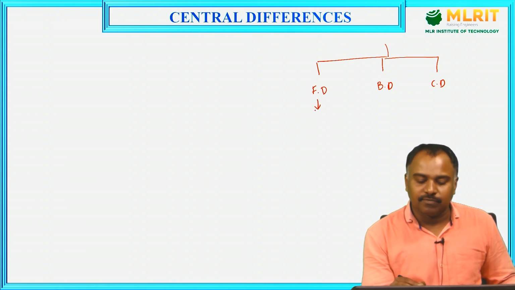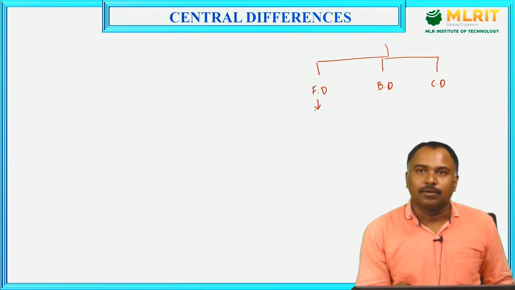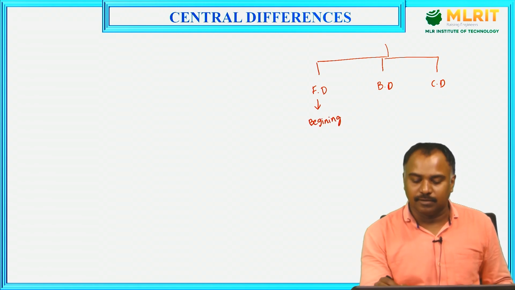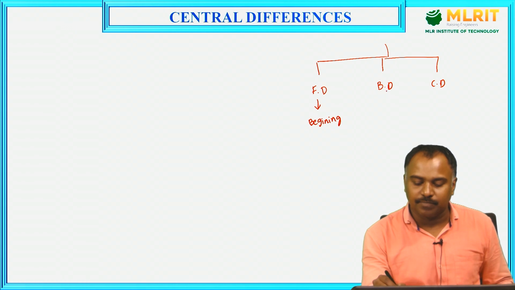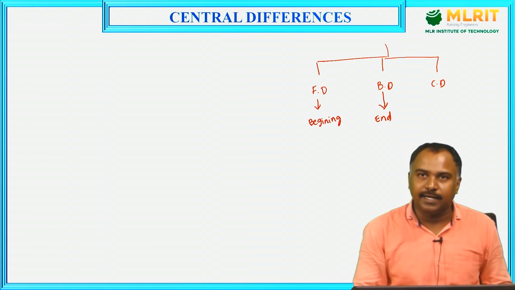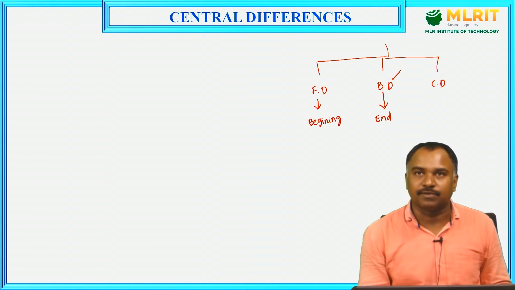To interpolate a value which is located at the beginning of the table, we use the forward differences concept. If the unknown value is located at the end of the provided data, we go for backward differences.